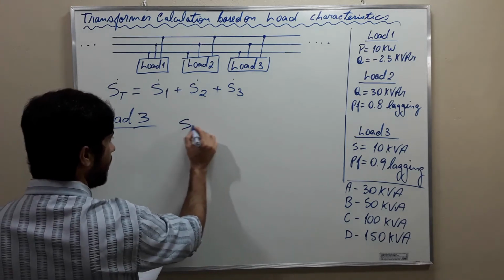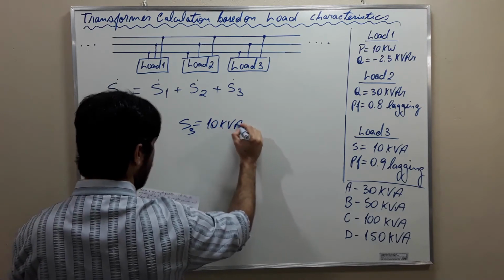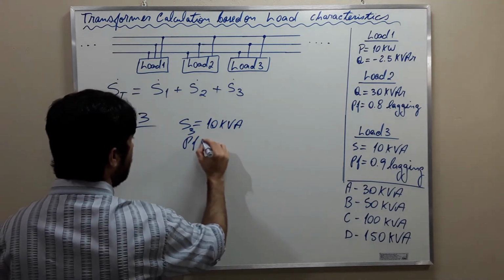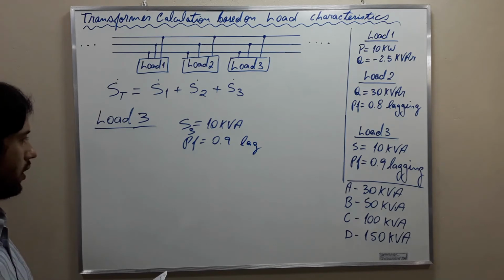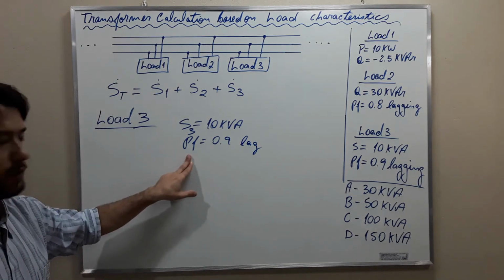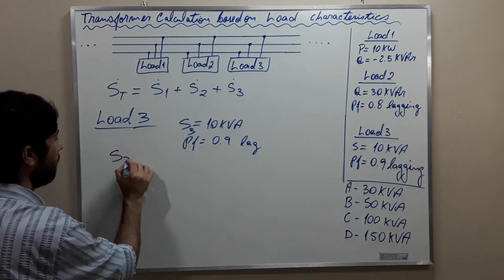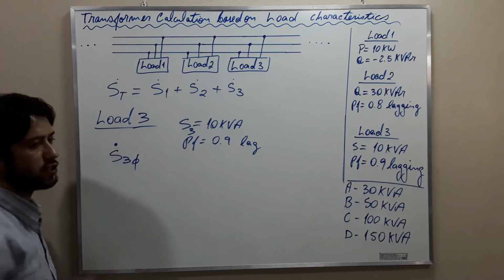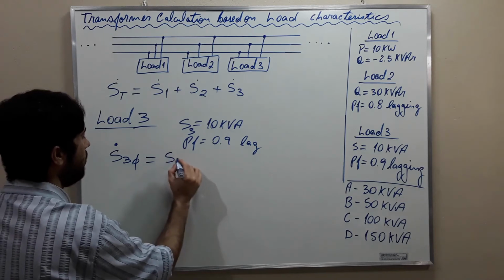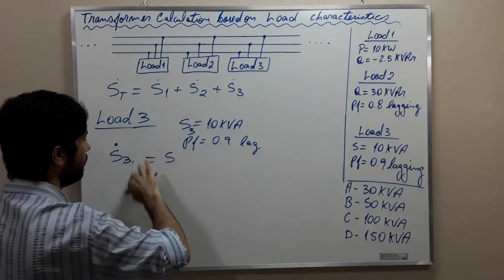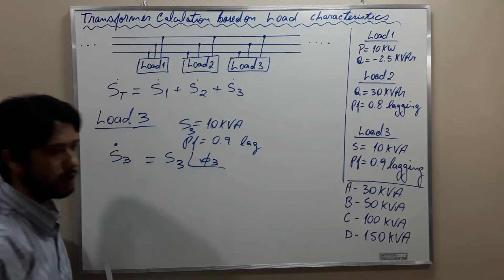So we have this for load 3, 10 kVA, and the power factor is 0.9 lagging. Okay, the power factor is the cosine of the angle. We have something of the sort. The complex power is equal to the apparent power, phase 3.